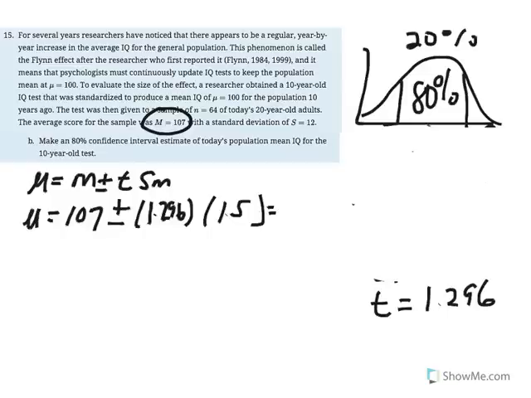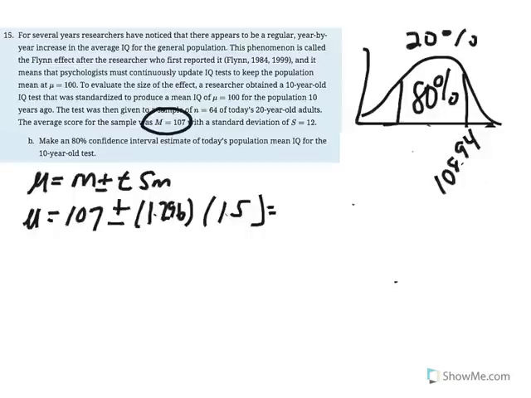So in our calculators, we're going to have a value below the mean and above the mean. So the value above the mean, given 1.296 multiplied by 1.5 added to 107, we get a value equal to 108.94 on the high end.